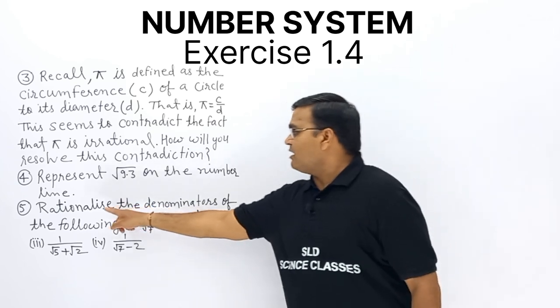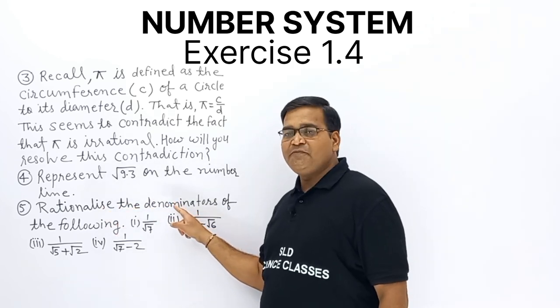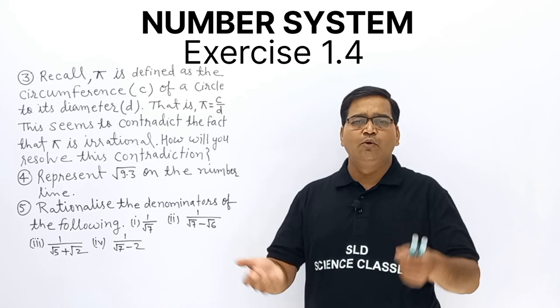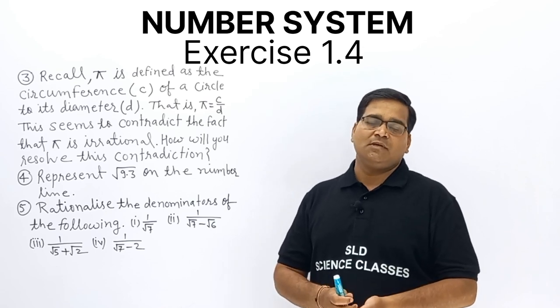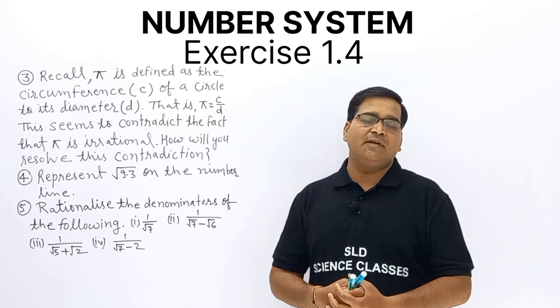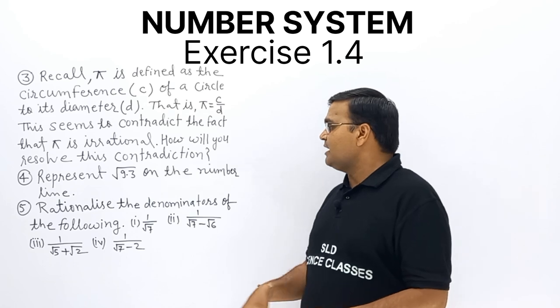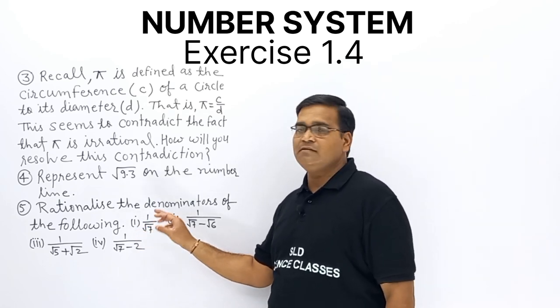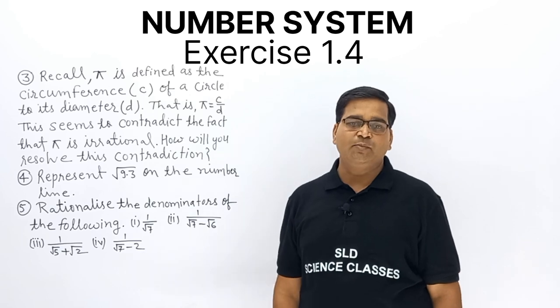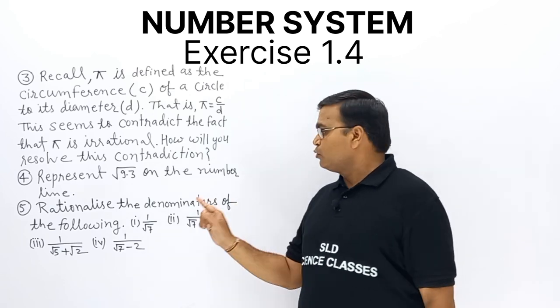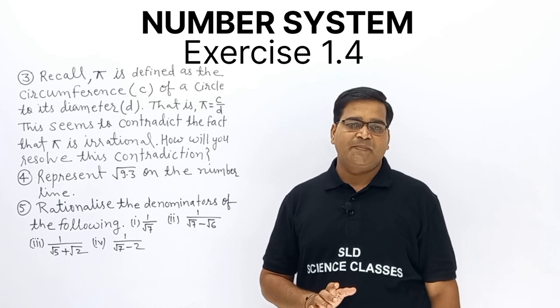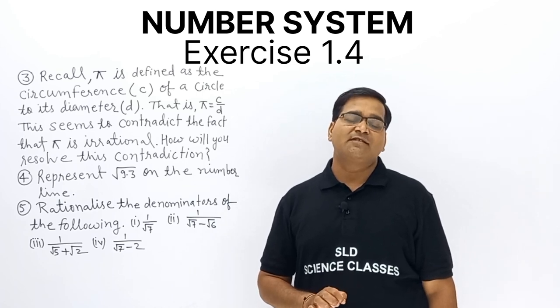Why are we doing it? Because if the denominator has a radical sign, root numbers, square root numbers in a denominator, then we want rationalization.